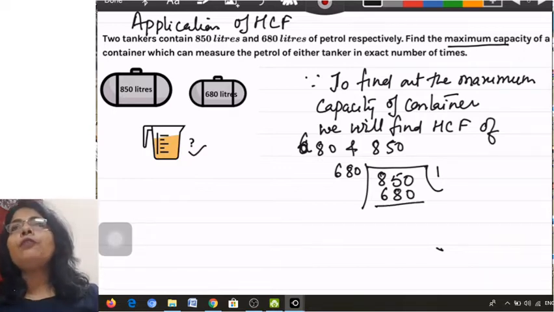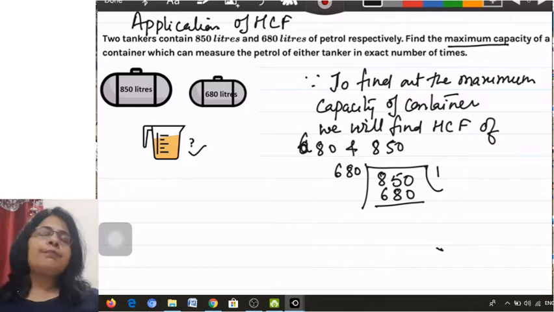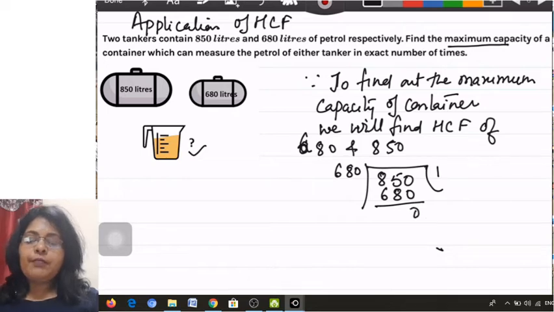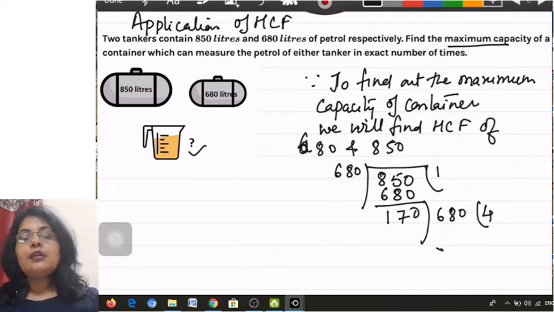Here you can solve it by any of the methods. Either you can use your prime factorization method also, if you are comfortable with that. There is no problem. 680, now 0, 0, 15 minus 8 it is 7 and 7 minus 6 it is 1. Now what we will take here, 680, 17 4s are 68.